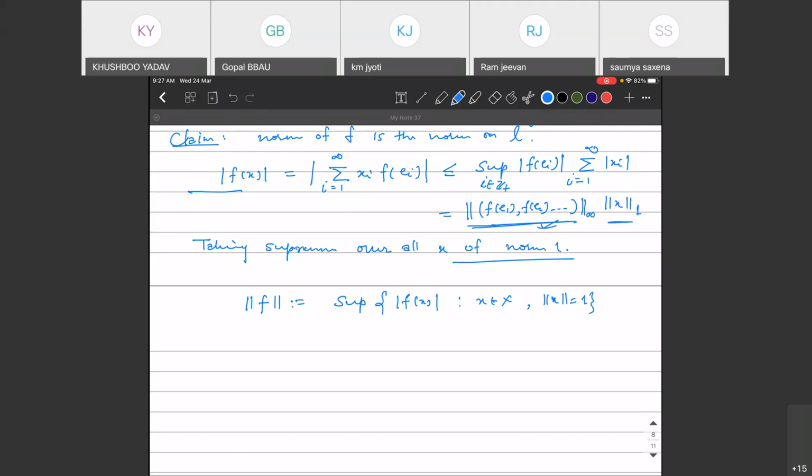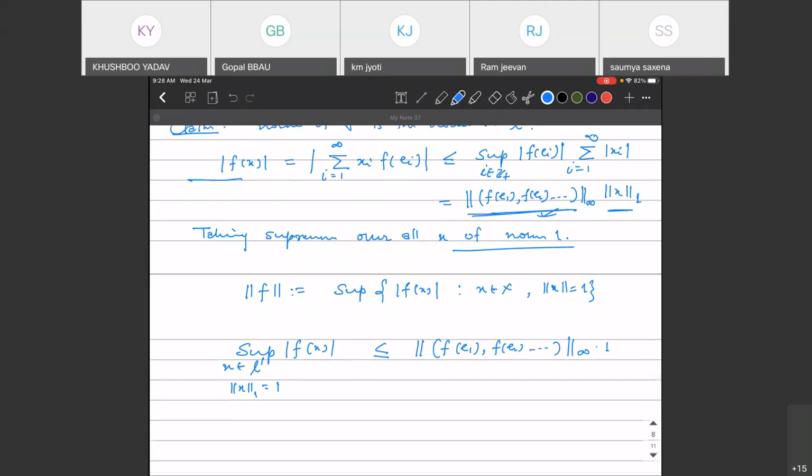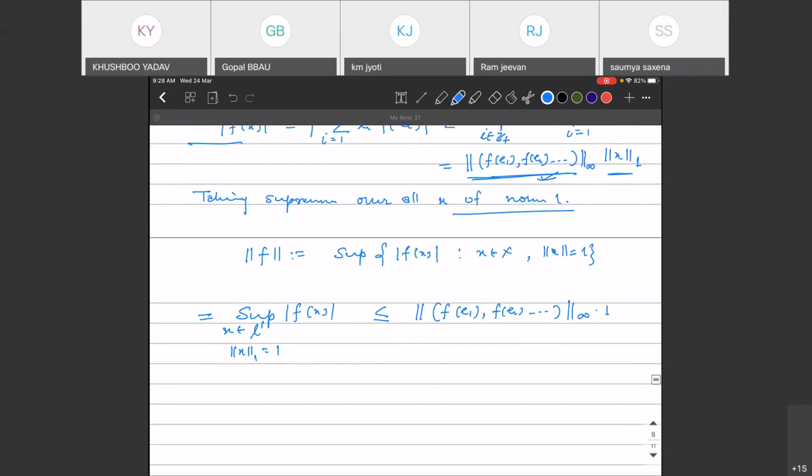So what we get is the supremum of mod of fx, where x belongs to L1 and norm x equal to 1, is less than or equal to the sup norm of f(e1), f(e2), and so on. You see the left hand side is the norm of f.